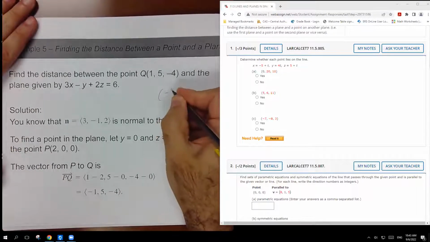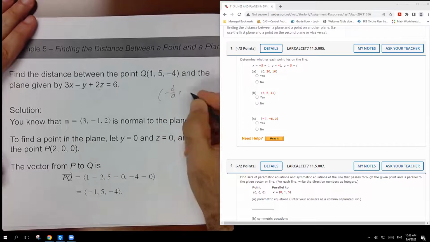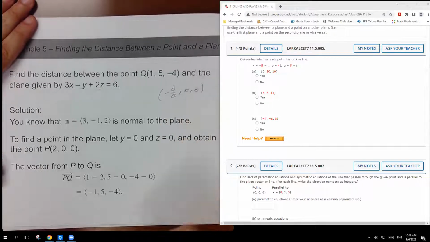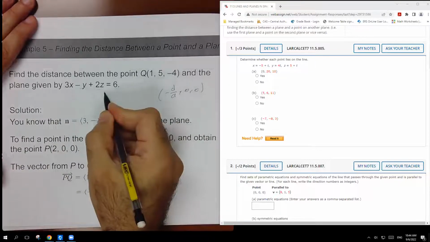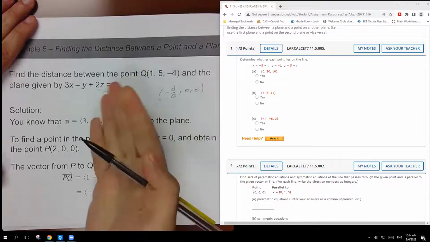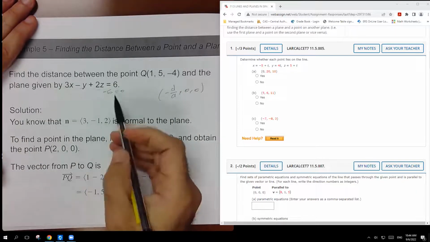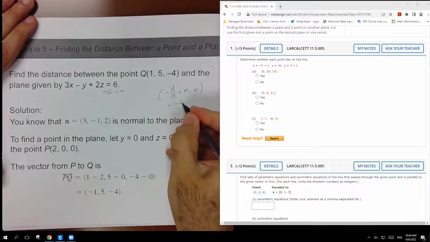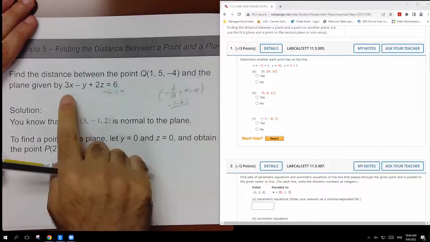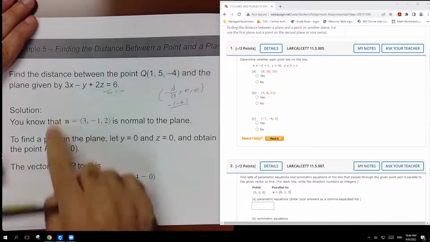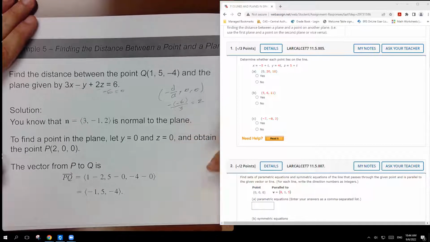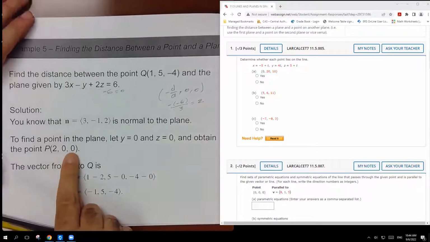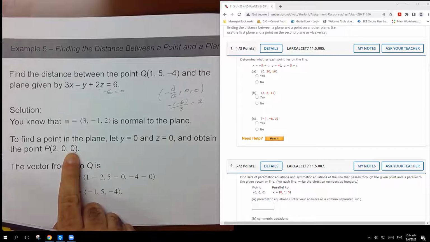You can use this formula to find a point belonging to the plane. So I can choose the point 2, 0, 0 as P, belonging to the plane.